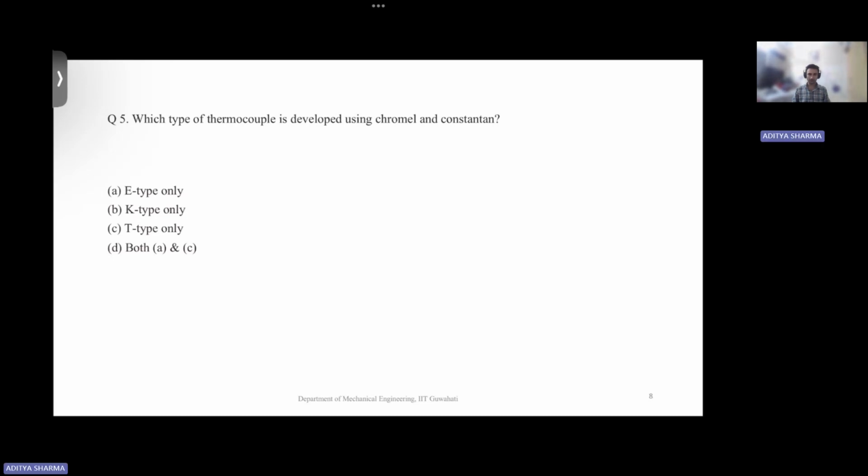First option is E-type only, second option is K-type only, third option is T-type only, fourth says that both A and C are correct.